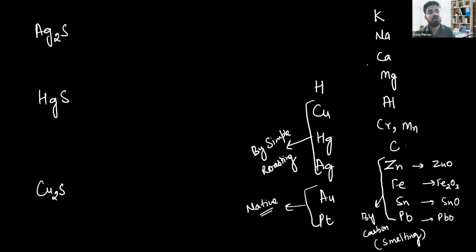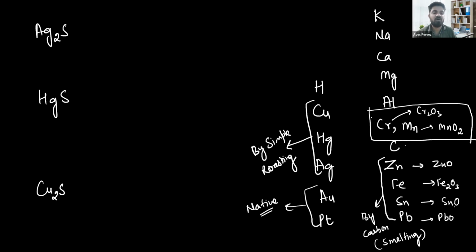Okay, got it? And you see that these two metals are above aluminium. If the oxides are Cr2O3 and MnO2, they can be reduced with the help of aluminium, because they are less reactive than aluminium, but more reactive than carbon, so carbon cannot be used here.